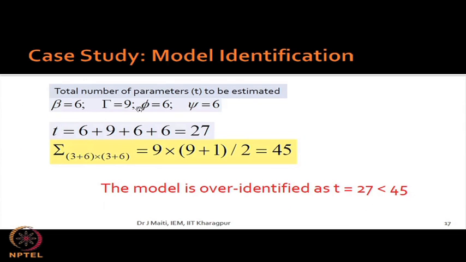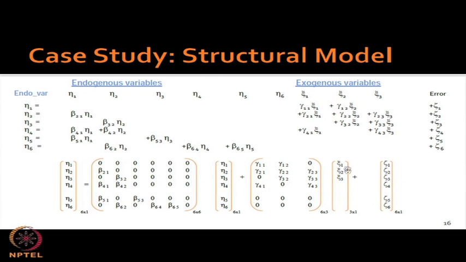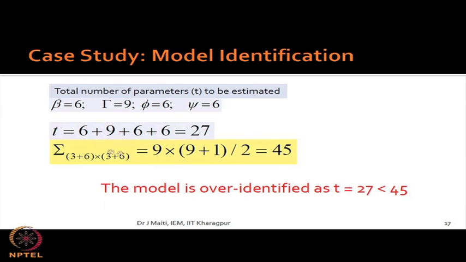So, this will be 9, 9, 6, and the 6 is because there are 3 C 2, that is 3 into 2 by 1, okay, that is 6. That is m plus n into m plus n plus 1 by 2, which is 6, that is fantastic. So, ultimately you are estimating 30 parameters, T, the number of parameters to be estimated, is 30.